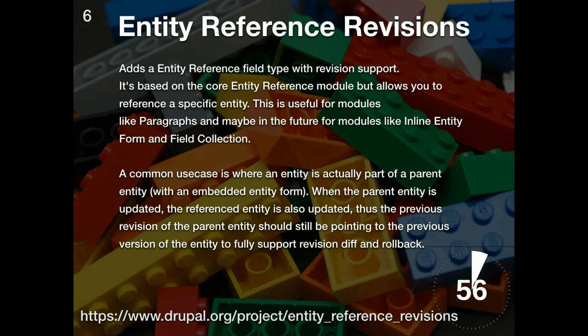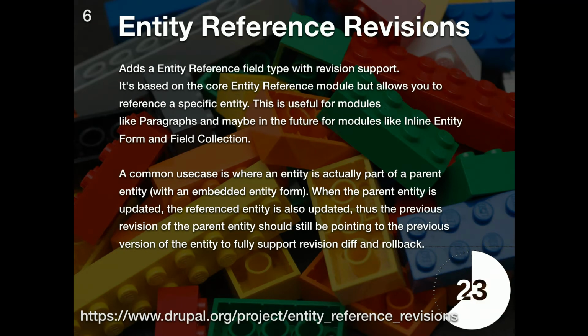Entity reference revisions. This is popular because of the paragraphs module, which we'll get to soon. For the most part, you don't install this unless you find a need for it, which is usually a dependency. What entity reference revisions does, this is very hard to explain, is it helps keep track of the correct revision of stuff when you have an entity reference.